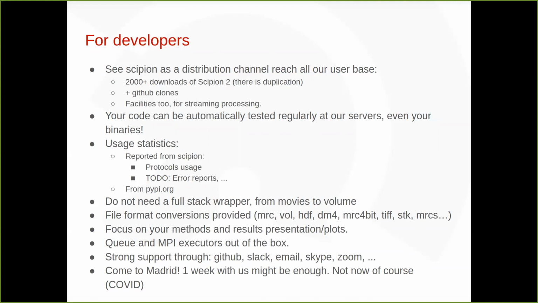So it's like a black box, and we have enabled Scipion to report back the usage of the protocols, provided the user accepts that. It's very little information, nothing compromising the research, but enough for us to do some statistics of the usage.